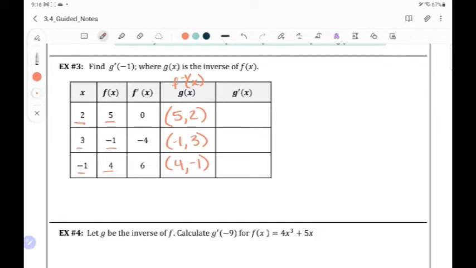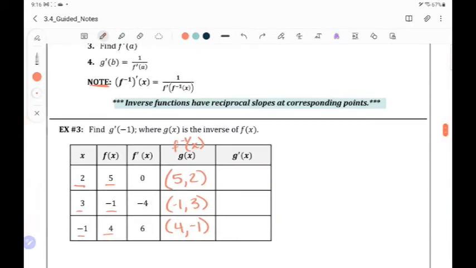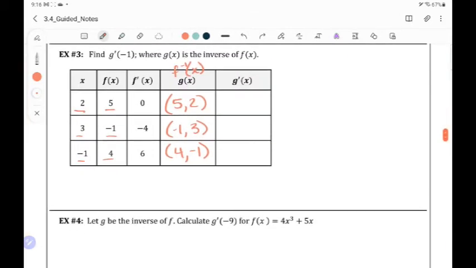So all we've done is written down the points for the inverse function. Now what do we know about g prime of x? Remember what we said right here. We highlighted it, right? What did we say? The inverses have reciprocal slopes. So f prime, remember, the derivative, is the slope of the tangent line. So it's giving us the slope at that specific point. Well, we said the slopes are reciprocals. So if this slope is 0, then what's going to be the reciprocal? The reciprocal would be 1 over 0.